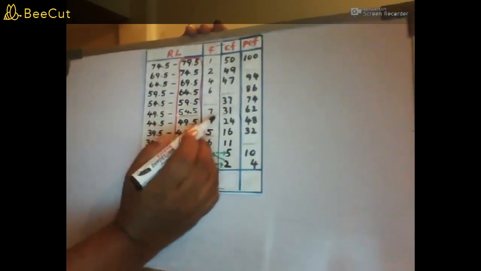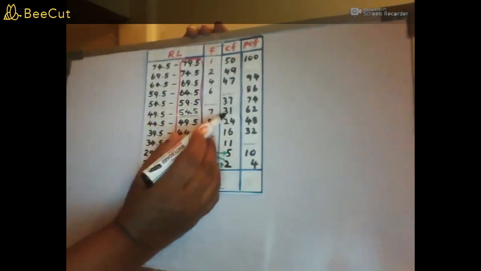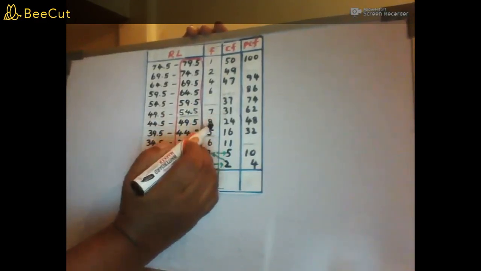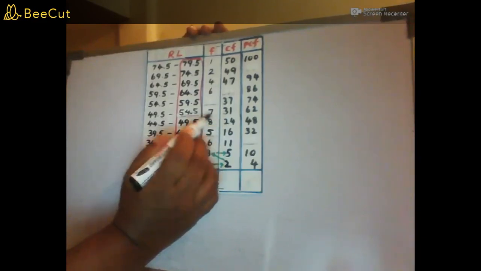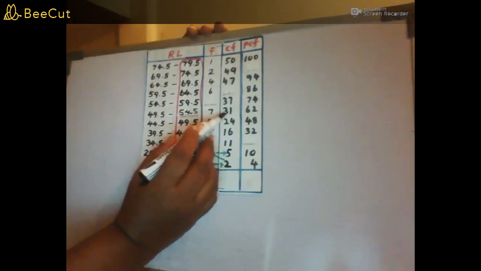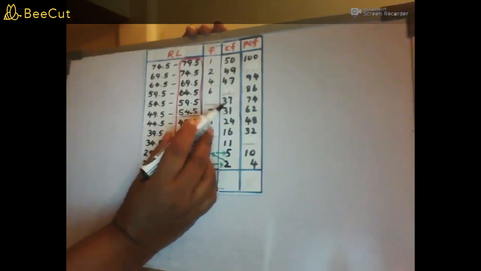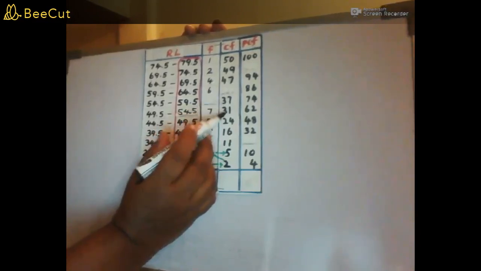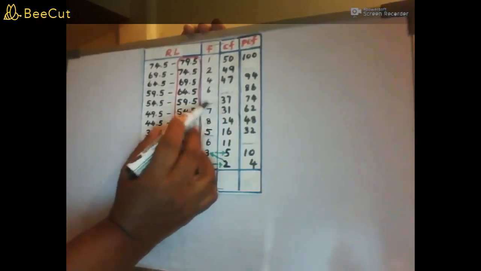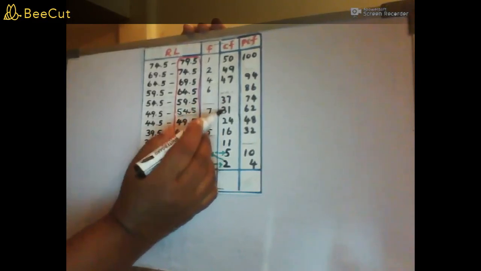Now we'll do another one here. 24 plus 7 is 31. 31 plus something, 37. Deduct these two, then you can get the answer.